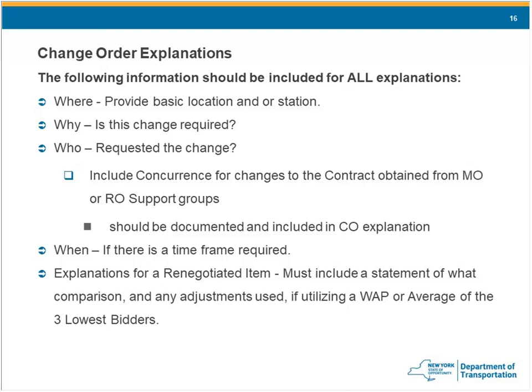It's not always a design error when our quantities don't match. Sometimes we have a calculation error or a double payment. So you can't just assume everything was missed by the designer. You have to look when these values start changing by more than 10%, you have to see why. And it could be either way, that we had a problem with our quantities or we had a problem with the estimate.